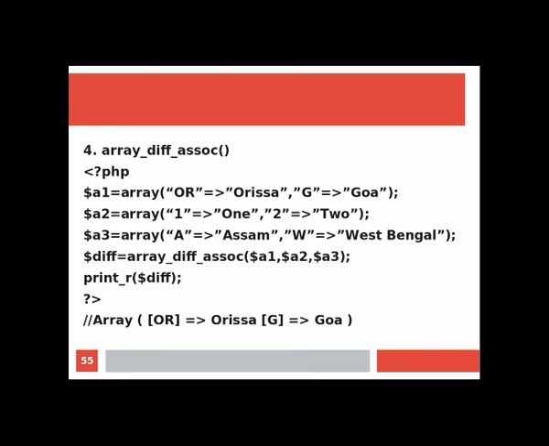This is suitable for associative arrays only. The syntax is array_diff_assoc(input array 1, input array 2, and if more, we can take them as optional).